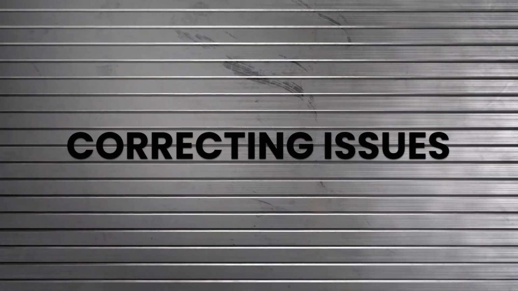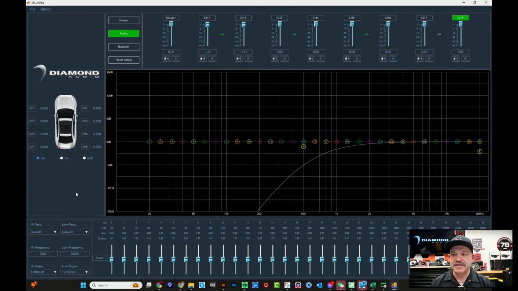All right, now that we've got our crossovers set, we should be taking some initial RTA readings from the interior of the vehicle. You want to set your mic up at ear level, head position on the driver's seat, and take your initial measurements. Then we look at that graph and see if we have any problems we need to adjust for.